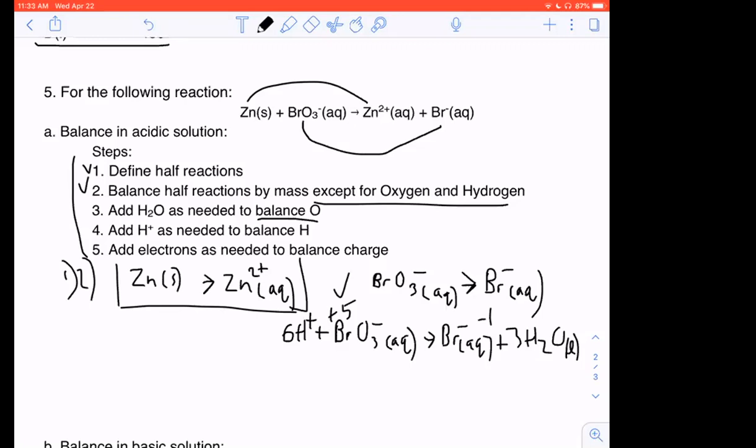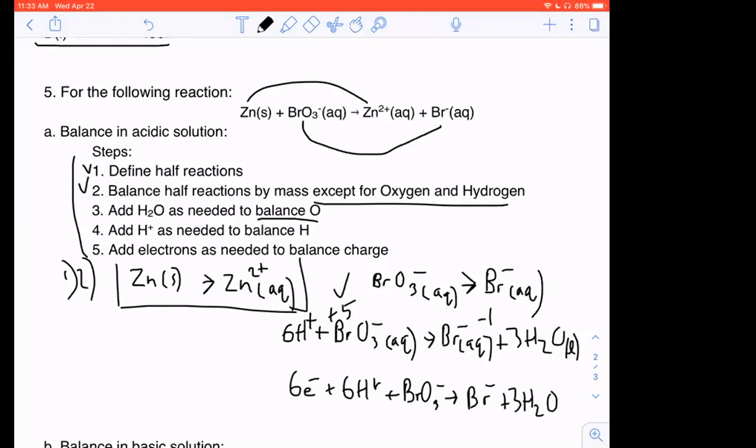So that means the overall half reaction is going to be 6 electrons plus 6 protons plus BrO3 minus gives you Br minus plus 3H2O. So that is done. Looking at the other one, this was balanced for everything mass-wise already.